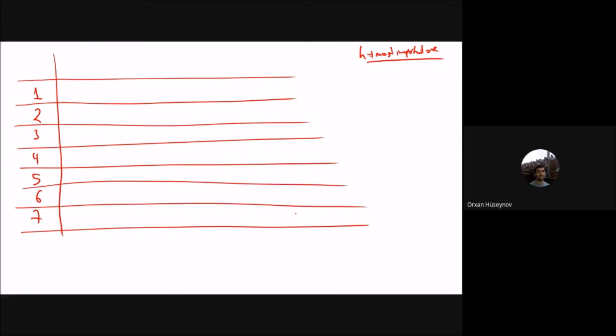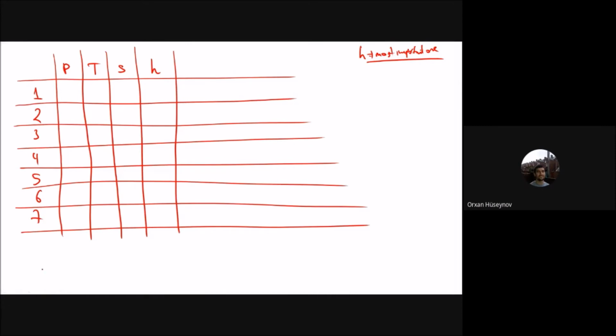And this one is point 7. And then comes pressure, then temperature, entropy, and then enthalpy. Okay, so this one is the pressure, and this one is for the temperature, and this one is for entropy, and this one is for the enthalpy.